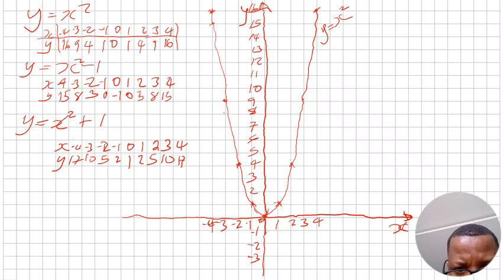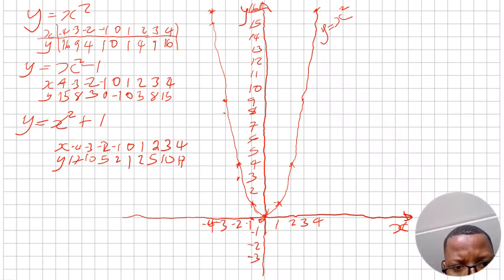It's here. When it's minus 2, y is equal to 3. Down there. When it's minus 1, y is equal to 0. So 0 is here.